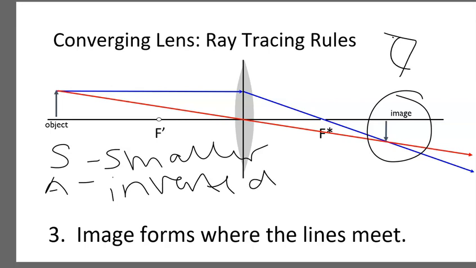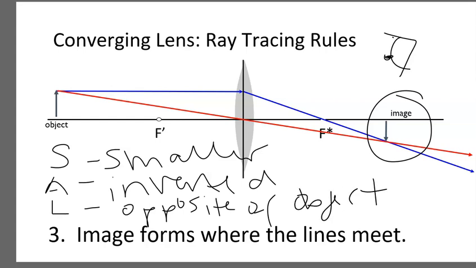L, location: it is on the same side as the viewer, so maybe opposite side of the object. And then T, type: since it's on the same side as the viewer and it's inverted, that should tell you that it is real. Same side and inverted, that should tell you that it is real.